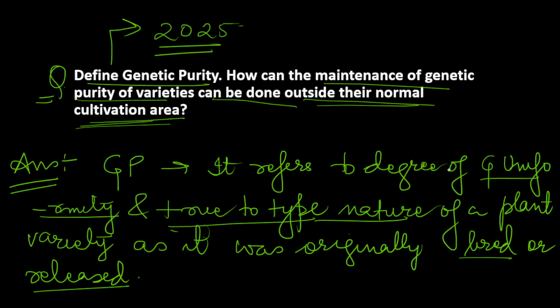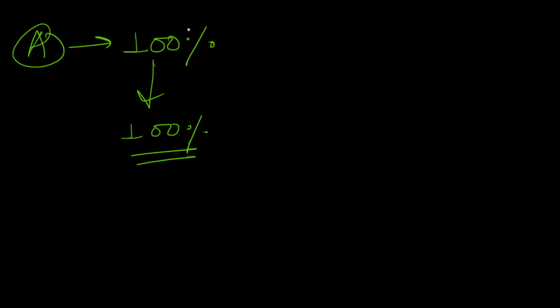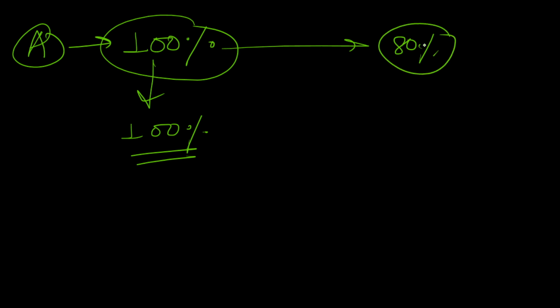It is the degree of genetic uniformity and true to type nature of a plant variety as it was originally bred or released. So suppose after some time this 100% genetic purity decreases to 80%. You can make an assumption there that the genetic purity has decreased by 20%. The plant is not as genetically pure as it was before. So this is what genetic purity is.